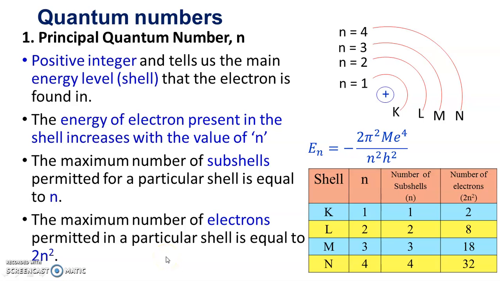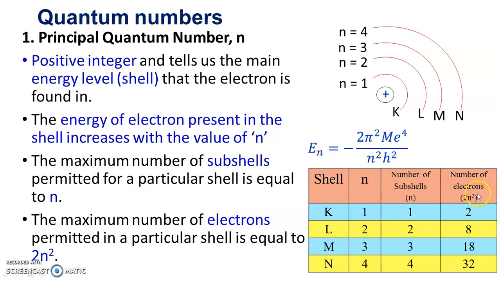The maximum number of electrons allowed in a particular shell is equal to 2n square. For example, in the first shell there are 2 electrons: as per the formula 2n square, the value of n is 1, and therefore it is 2.